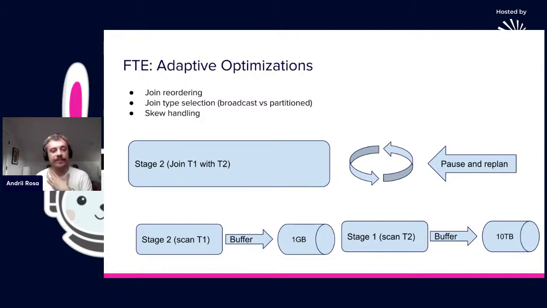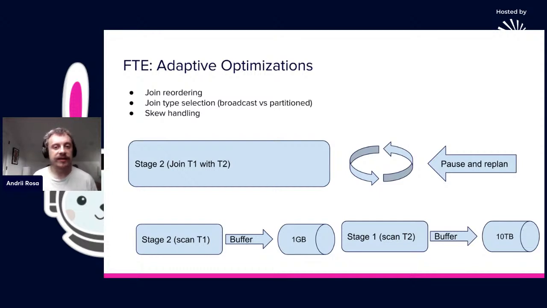This new model also makes it much easier to implement adaptive optimizations. Because queries can be suspended and replanned at pretty much any point, you can, let's say, run a scan operation on one table of a join, run a scan operation for the second table of a join, and if you see that a different join order is more optimal, you can swap them.